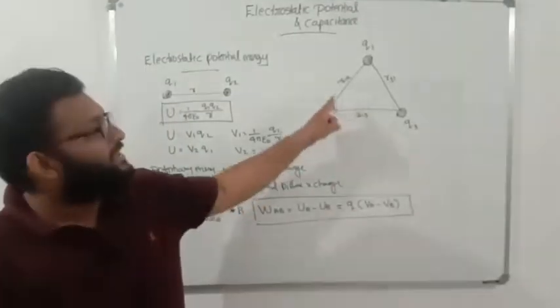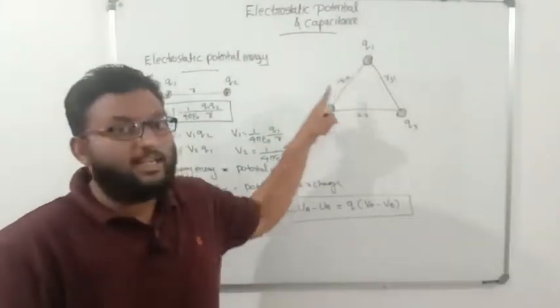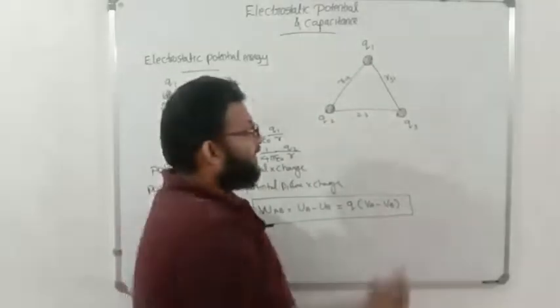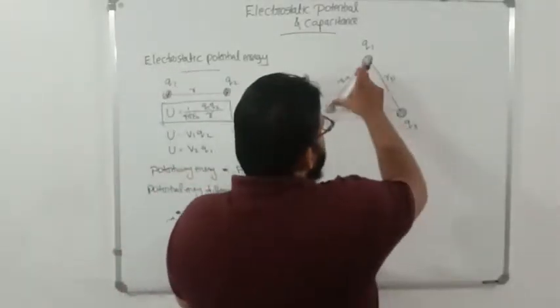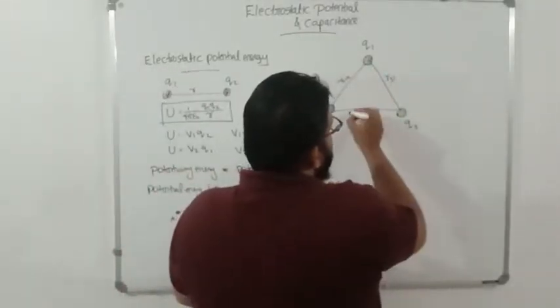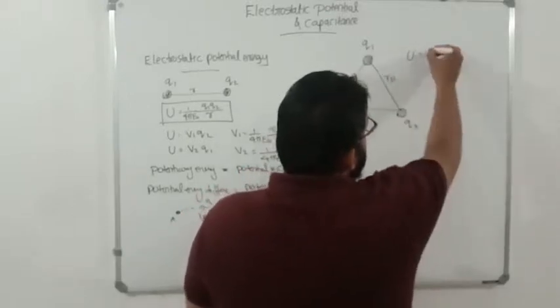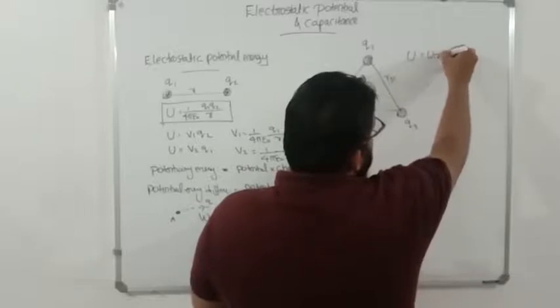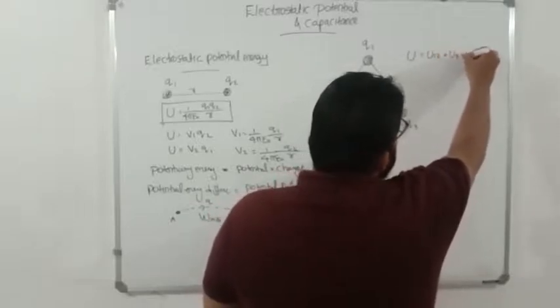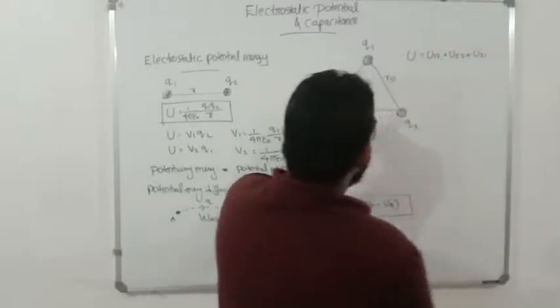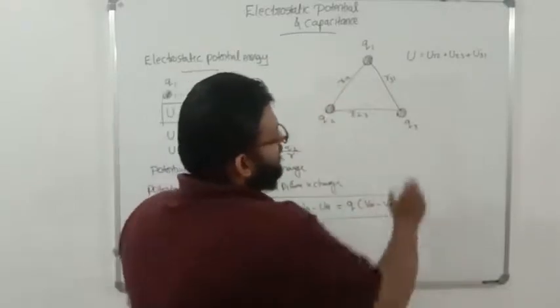Guys, consider a system of 3 charges as shown. They are in a triangular arrangement. You can see their separation. Now the total potential energy can be written as U12, U23, U31, because there are 3 individual potential energies.